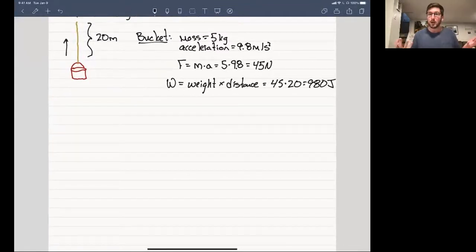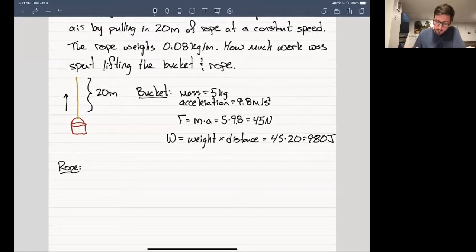So let's see why we had to break up the rope from the bucket. So let's look at the rope now. Well, in this case, we have a mass for the rope, which is 0.08 kilograms per meter. So now we have to ask ourselves, how many meters of rope do we have?